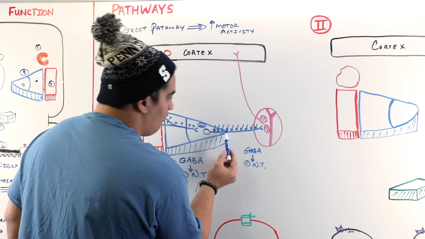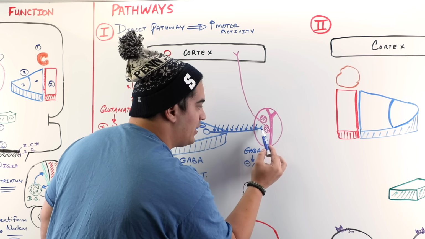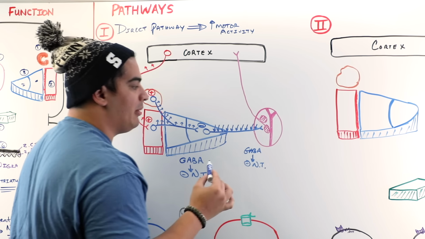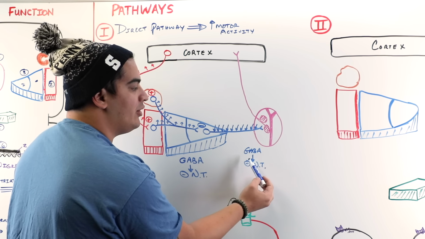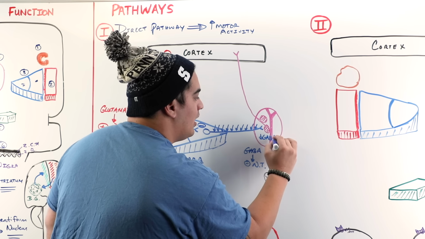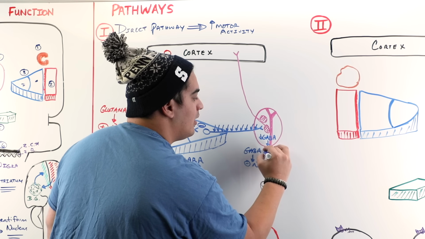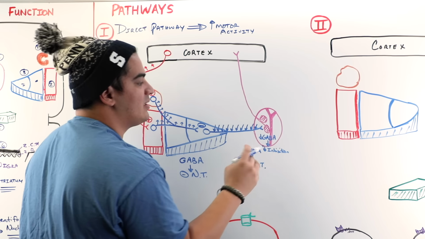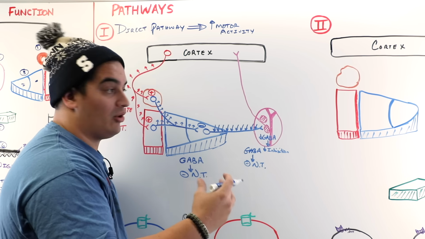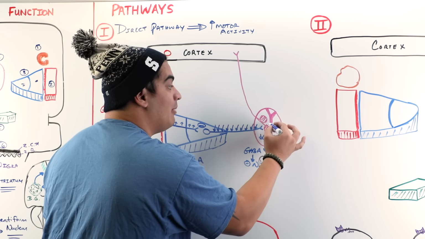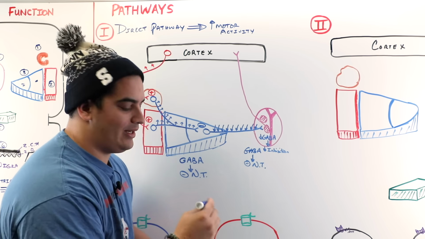Now, if I'm having fewer action potentials, I'm releasing less GABA onto the thalamic nuclei. GABA is an inhibitory neurotransmitter. If I have less GABA being released here, that means I have less inhibition. So if there's less inhibition, this is sometimes referred to as disinhibition, or release from inhibition, and now these neurons in the thalamus are going to be stimulated.